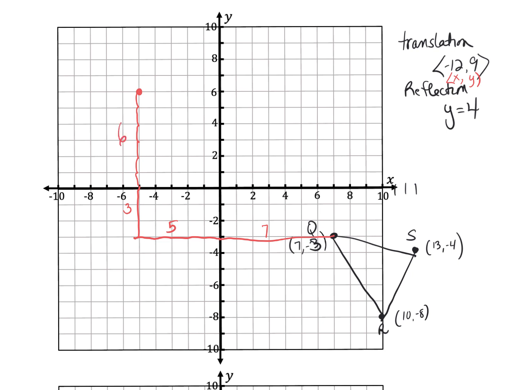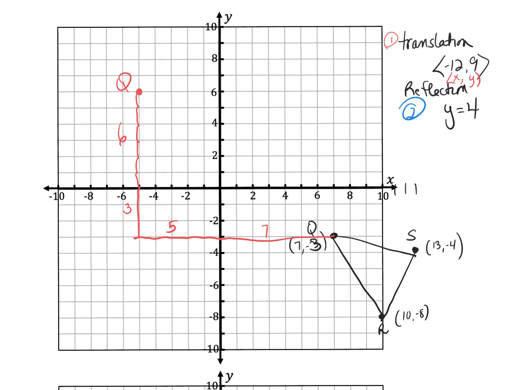All right. So my point Q is now at negative 5, positive 6. So my first transformation is complete. My second transformation calls for a reflection over y equals 4.